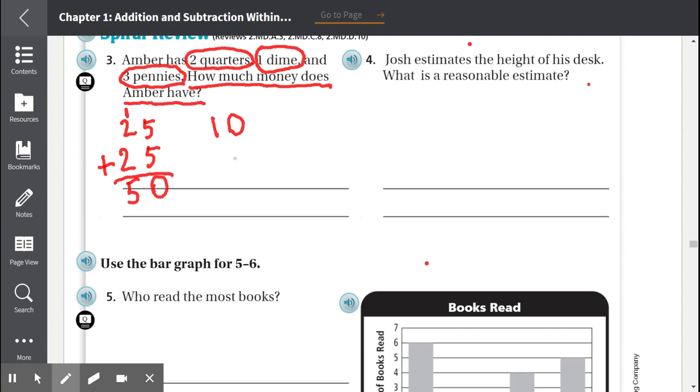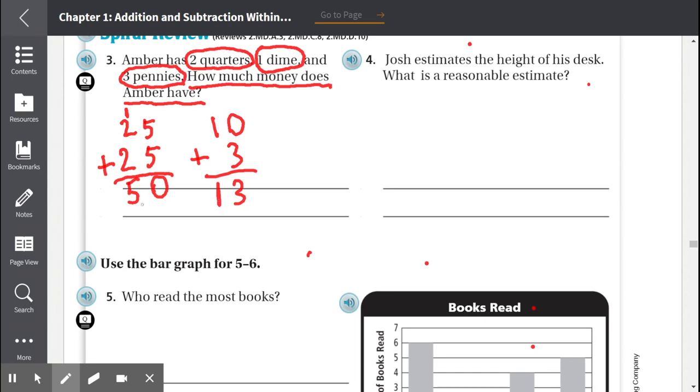So she has a total of 3 cents. So now let's add the dimes and the pennies together. 10 plus 3, 0 plus 3 equals 3. And then 1, we just bring it down. So 10 plus 3 equals 13.